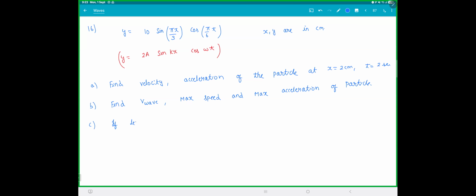If the length of the string is 30 centimeters, find the number of harmonics or the number of loops.